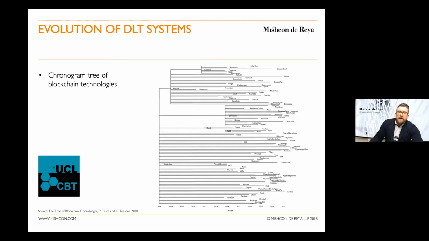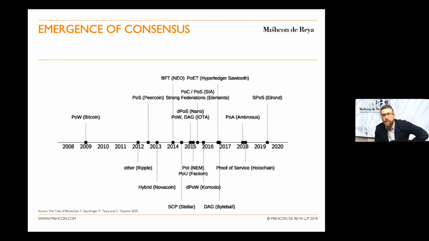But here is a chronogram of all of the different chains built up over the last 10 plus years. And you can see that it's a very bewildering array of different system properties, right? Trying to pick the right system at the outset for the type of contracting task you're interested in is a challenge. And it's a moving one.